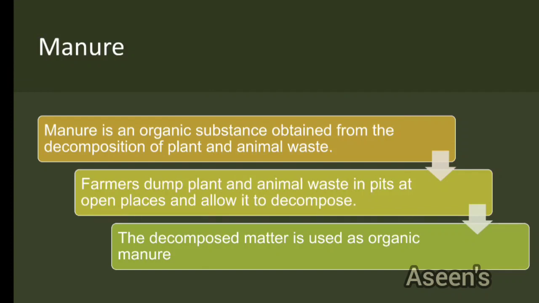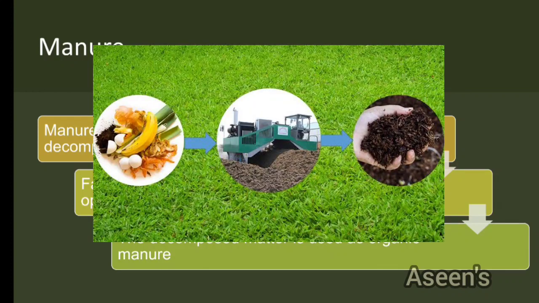Farmers dump plant and animal waste in pits at open places and allow it to decompose. So what basically the farmer does is he collects the plant and animal waste and dumps it in large pits.